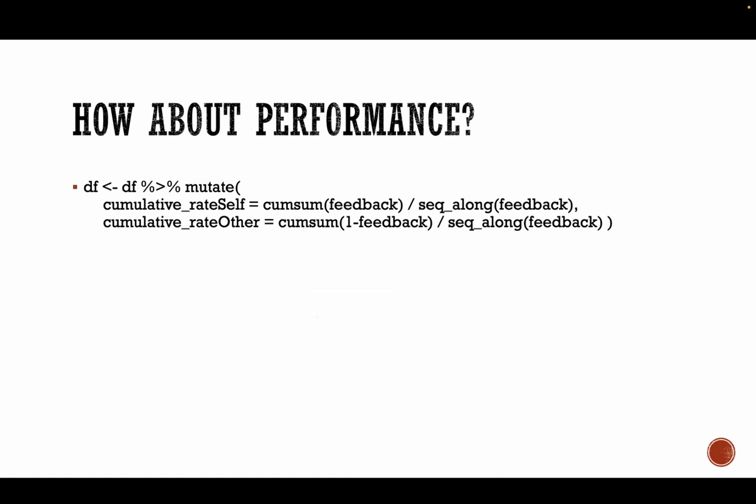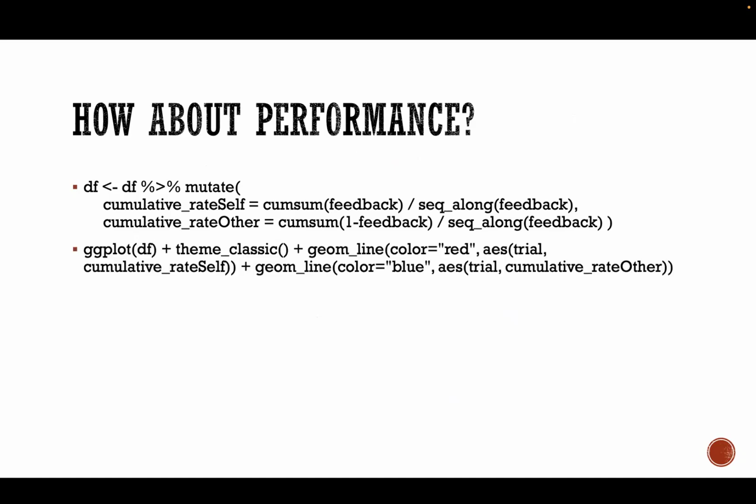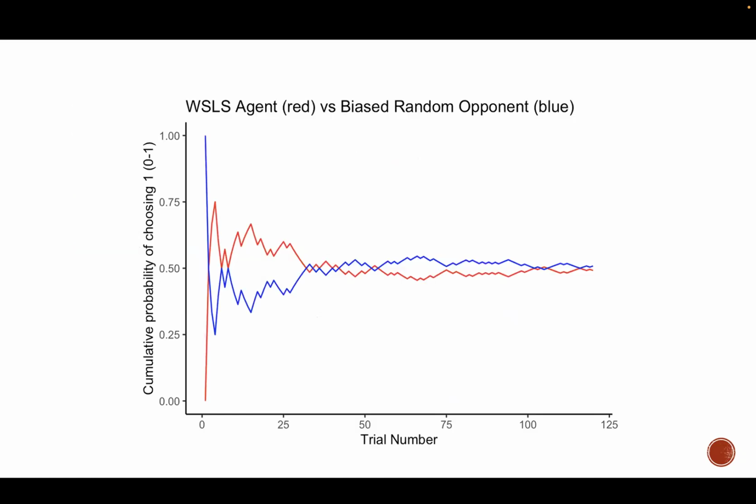Because it's a zero-sum game. If one wins, the other loses. We do the plot, and indeed, we see that it's nicely mirrored. Again, we see that at the beginning, the performance oscillates a lot, but already from trial 30 or so, it tends to stabilize.